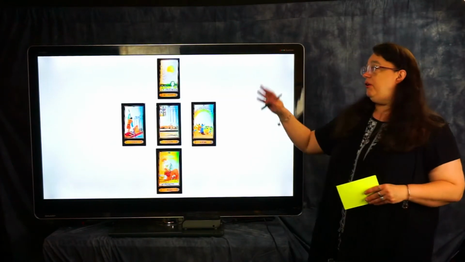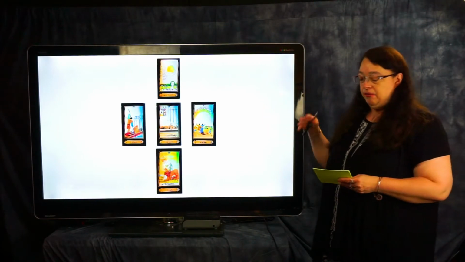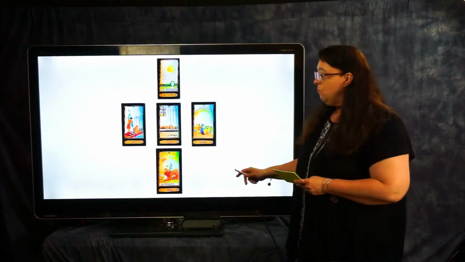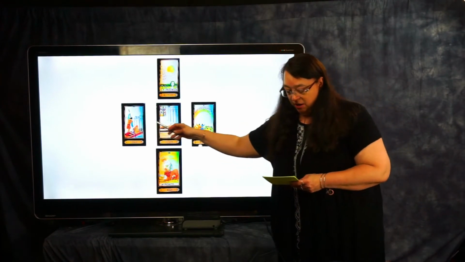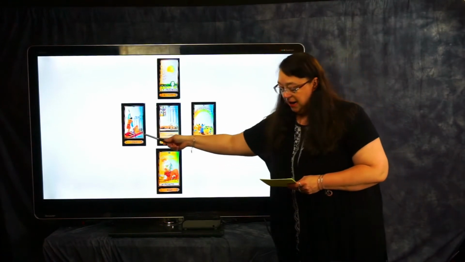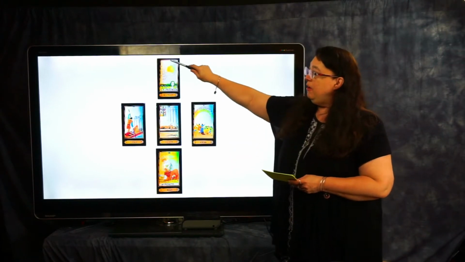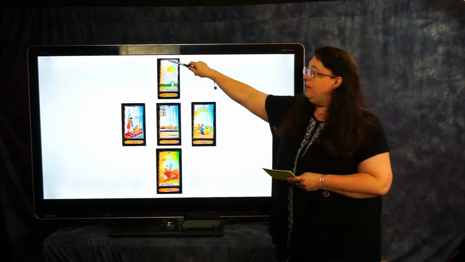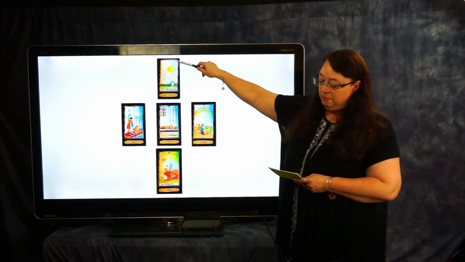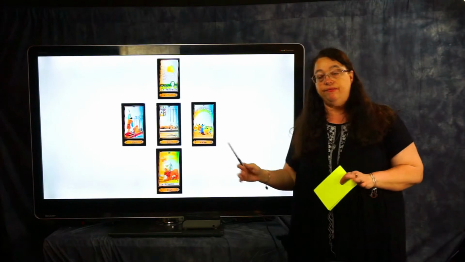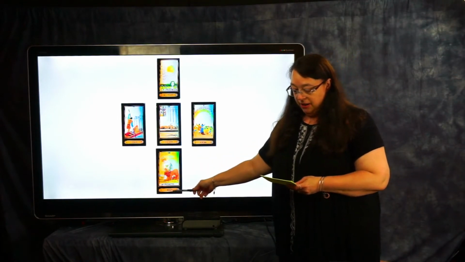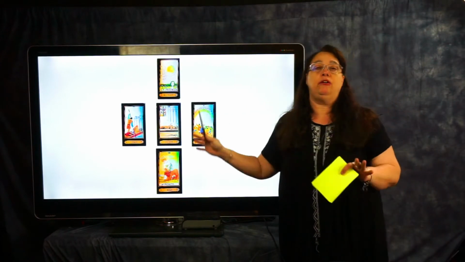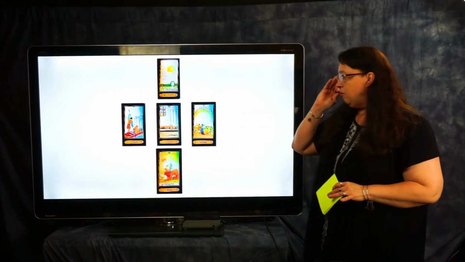Now, based on the 3-card layout is another layout that's got a little bit more information involved in it, and it's the 5-card spread. It has the basic 3 cards here, which is past, present, and future, but then it also includes a card at the top and a card at the bottom. The card at the top could be possible outcomes if you follow a certain course, and the one at the bottom is reasons that led to the situation that you're in, whatever the reading happens to be about.